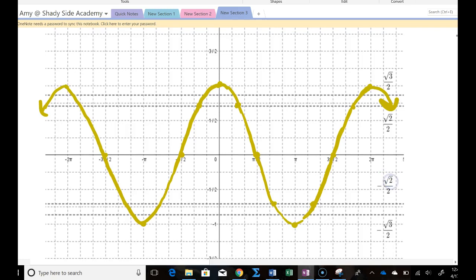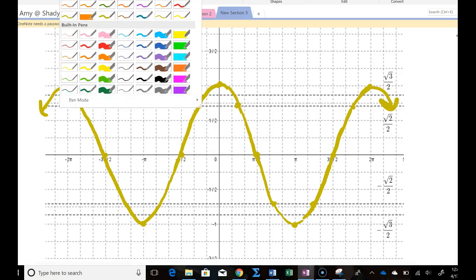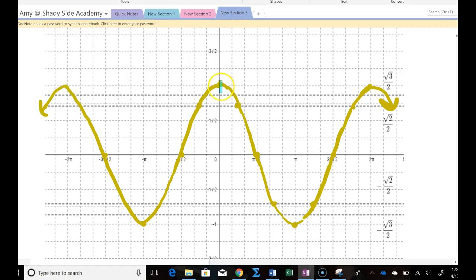Sinusoidal, as you know, means periodic, cyclical, repeating, and so forth. I'm going to highlight a portion of y equals cosine of x. The part that I'm going to highlight is this one. The reason I'm highlighting this portion is because this shape is going to help us when we start looking at graphing transformations of y equals cosine of x.